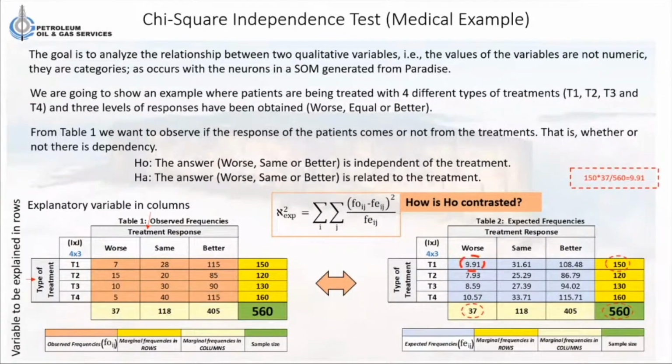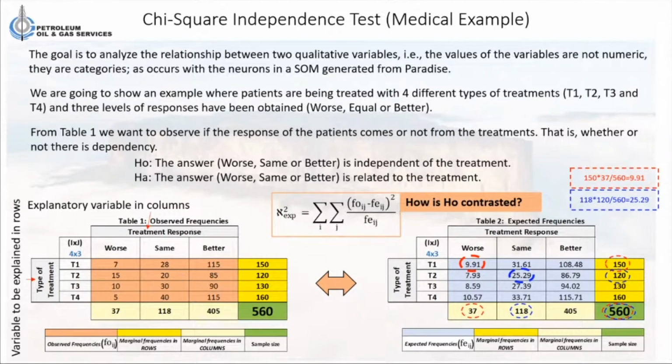You only have to do these simple mathematical operations between the marginal frequencies in the columns by the rows and dividing by the total of samples. So you obtain the expected frequency for these cells. You have to obtain the expected frequency for the entire cells in the table. This is another example, another cell. So you have to multiply this value by this and divide it by the total, and so on.